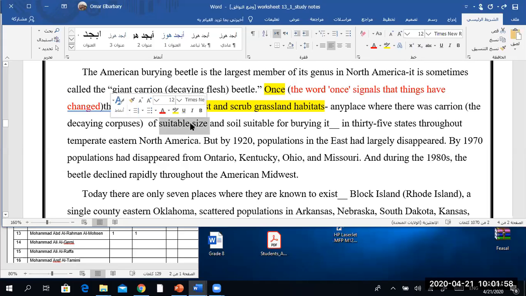What does the word suitable mean? Suitable, the word suitable. If you have a bag of suitable size, that means this bag is good enough for your book, to carry your book, and good enough for you to carry. So what does suitable mean here?